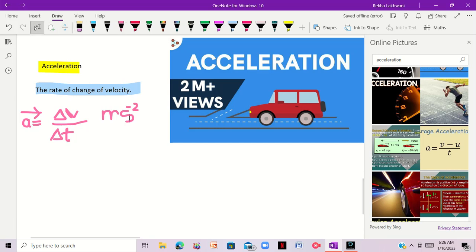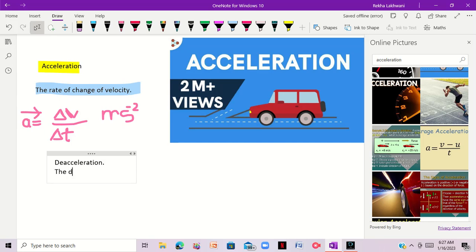Now basically we have two types of acceleration, like we have one known as deceleration. Deceleration means when the velocity actually decreases, or you can say the direction of velocity is opposite to the direction of acceleration.